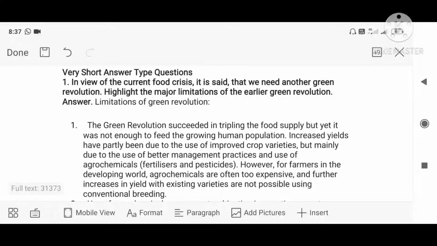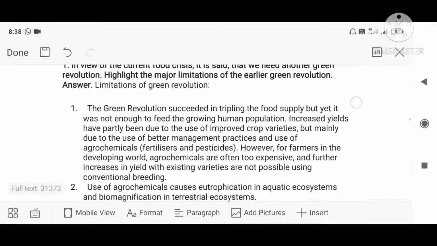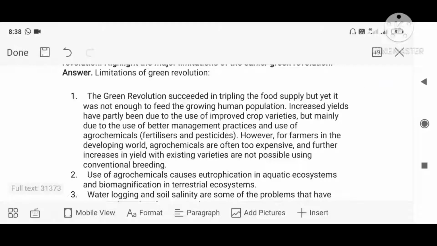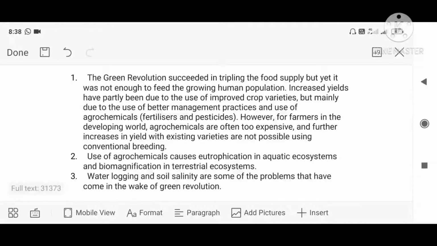Okay. In view of current food crisis, it is said that we need another green revolution. Tell the limitations regarding green revolution. See, what are the limitations? So, the first limitation is that in the green revolution, they are using what? Chemical fertilizers and pesticides. One is that it is too expensive for the farmers to get.